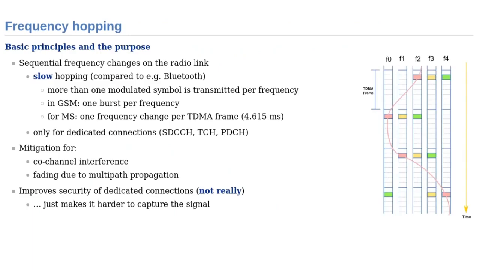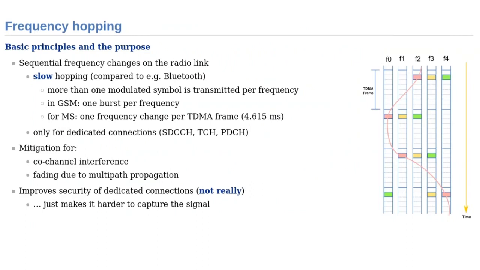And this brings us to the next topic, frequency hopping. I borrowed the pictures from the talk by Piotr from OsmoDevCon 2019. Just a brief introduction. Frequency hopping in GSM, and everywhere basically, is a sequential change of the transmit and receive frequency.